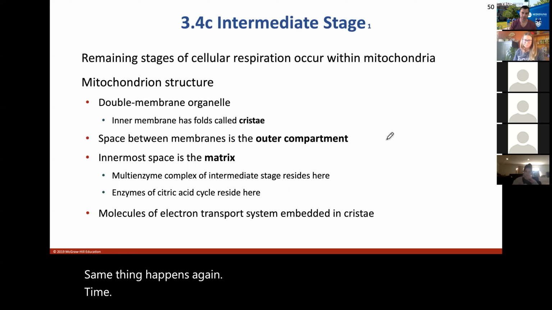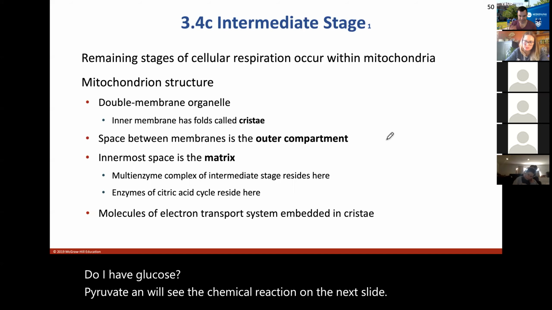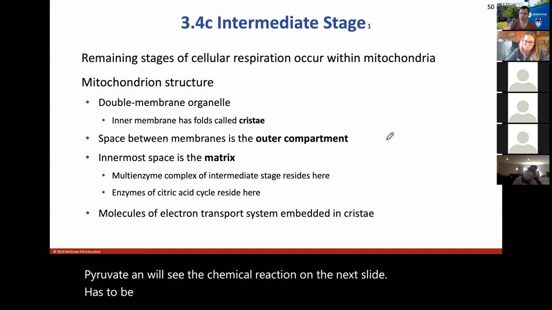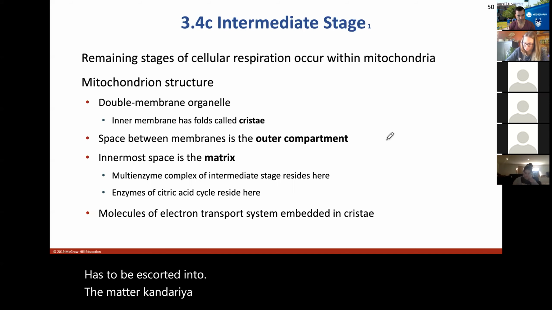Let's talk in terms of, do I have glucose? Pyruvate, and we'll see the chemical reaction on the next slide, has to be escorted into the mitochondria to do the rest of the work. Again, I made reference to this. Here are those words.